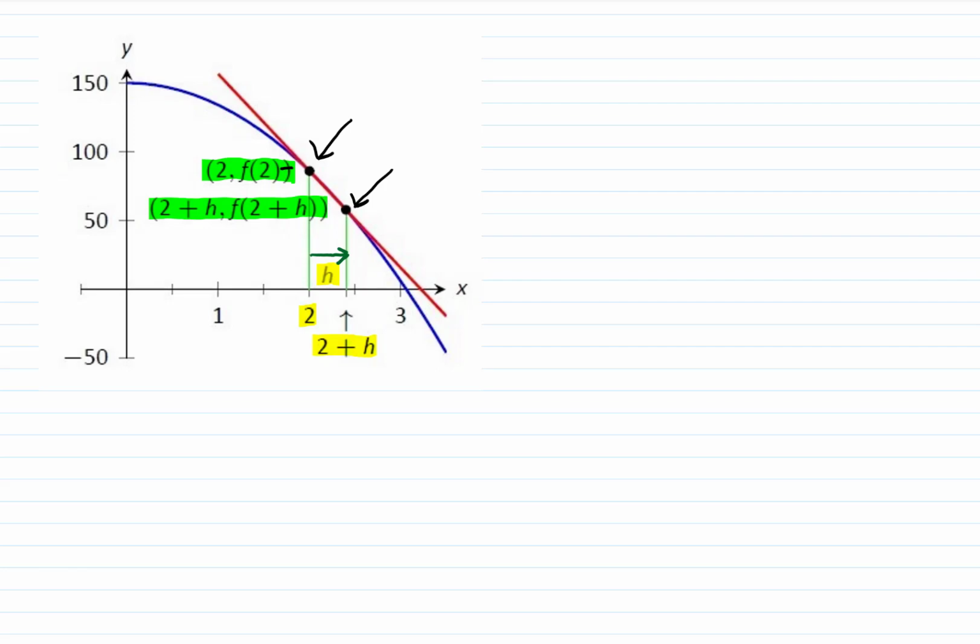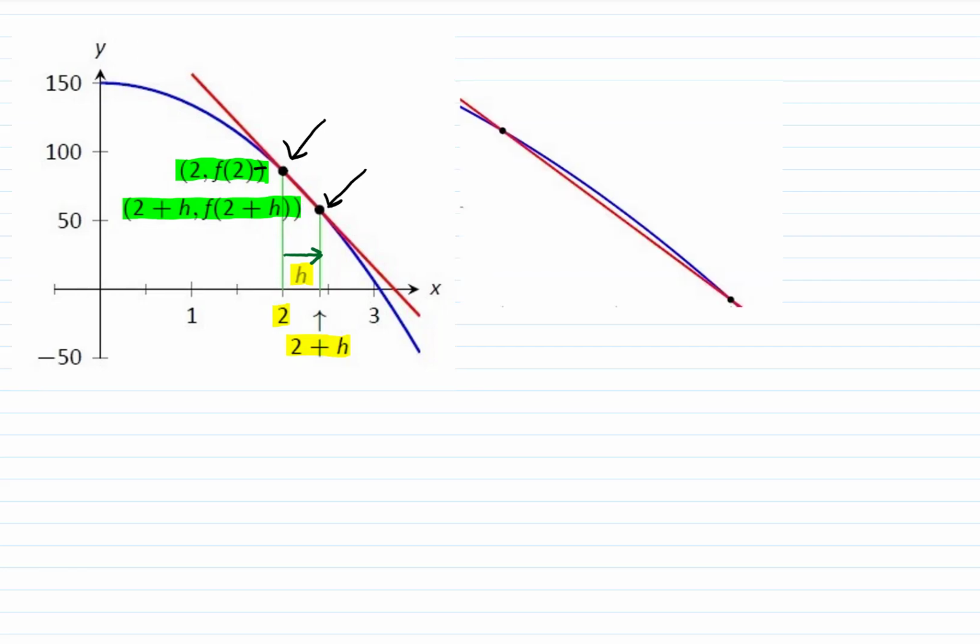Now that red line is not exactly the same red line from the previous picture, because that red line is not balancing on the blue parabola. Let's zoom in on it so you can see. If you take this area right here and you zoom in on it, it looks like that.